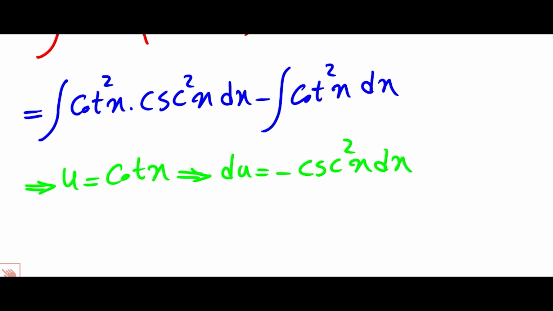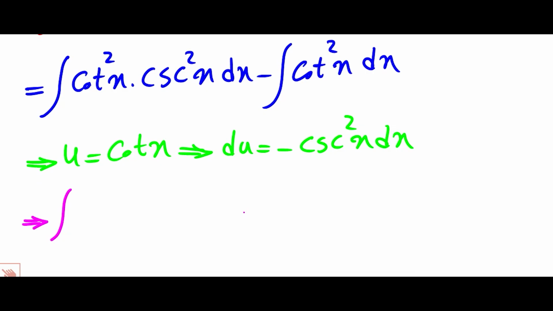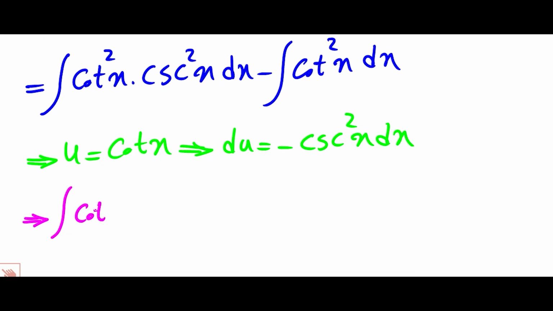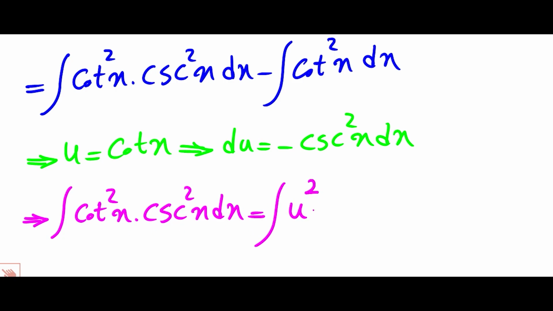So the integral of cotangent squared x times cosecant squared x dx, where u is cotangent x, becomes the integral of u squared times negative du.